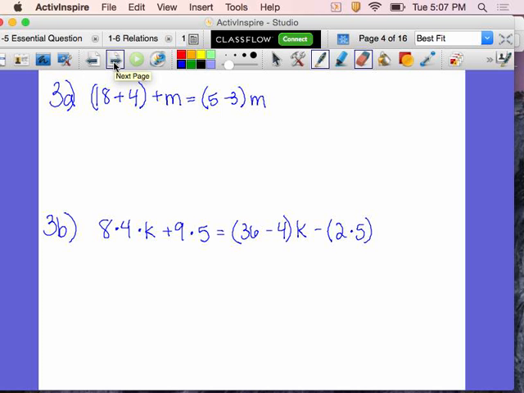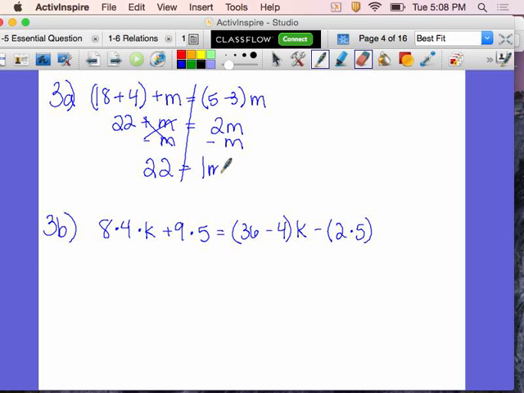3a, we need to solve. Okay, so 18 plus 4 is 22, plus m equals 5 minus 3, which is 2, times m. And I'm going to subtract m from both sides so that I have just my constant over here by itself and my m terms over here, so this will be 1m.